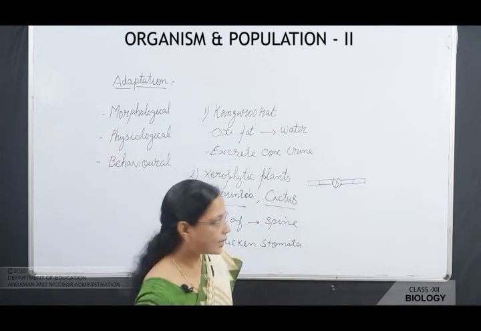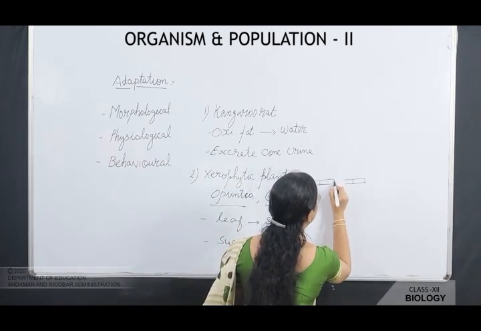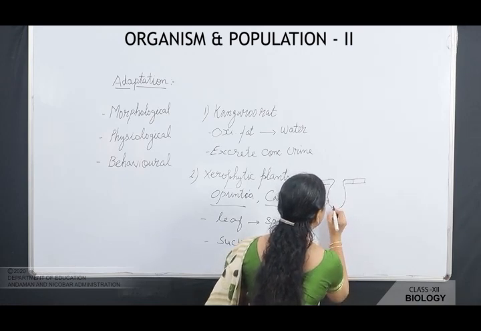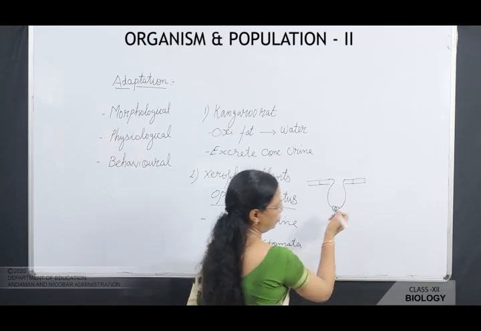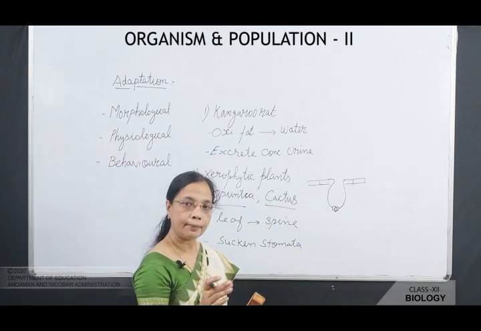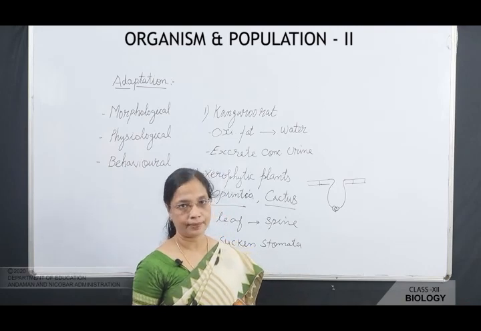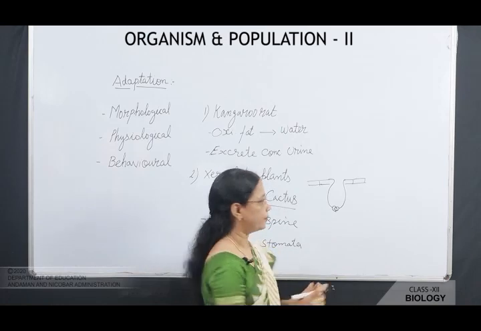These stomata are placed in a pit like this. They form a pit like this, and stomata are placed over here. By placing stomata over here, again, they can prevent or reduce the rate of transpiration. Like that, they can conserve water.